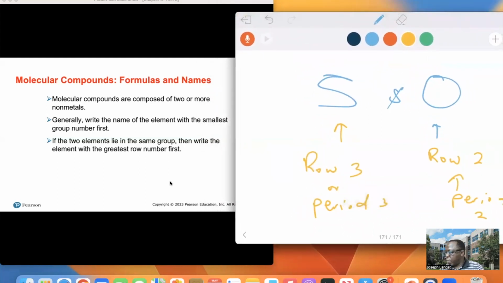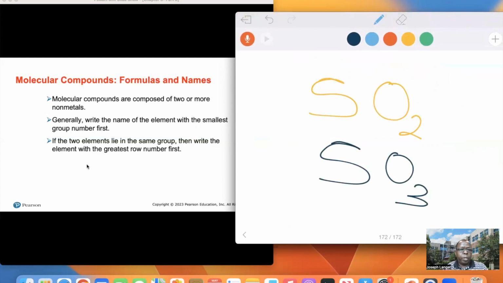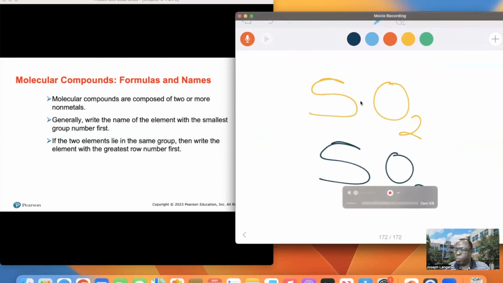If I'm to write sulfur dioxide, we start with SO2, or SO3, because they all lie in group 6.